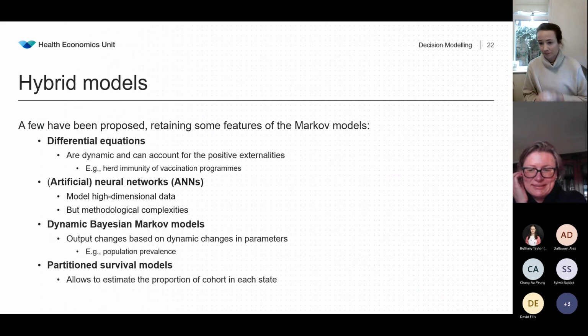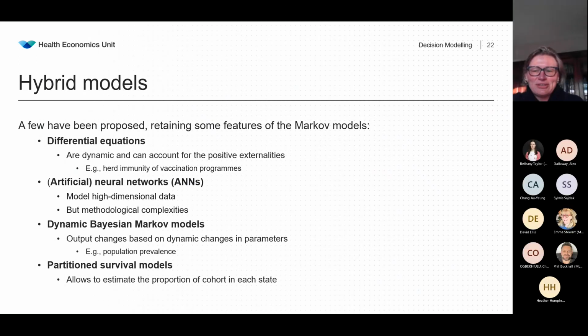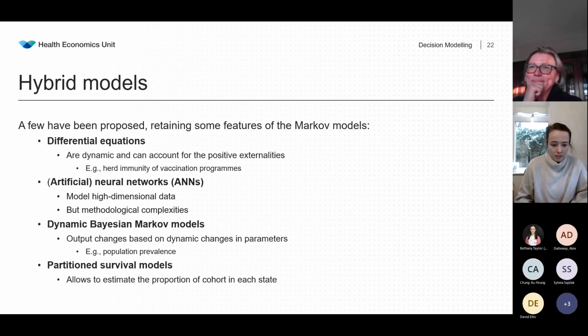So I wanted to touch a little bit upon hybrid models. A number of them have been proposed, and it's important to note that actually a lot of them retain some features of Markov models, but there are some ways in which they differ. So differential equations are a mathematical way to model, for instance, infection or the impact of a vaccination program, something that we call in economics externality.